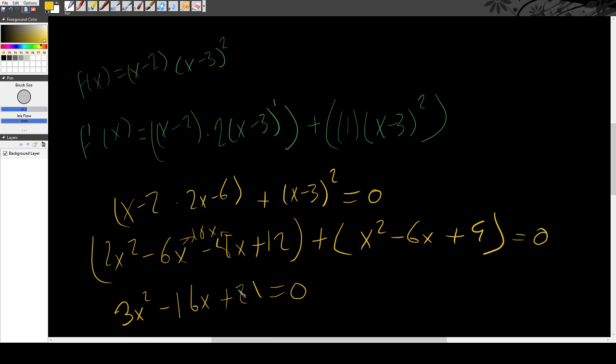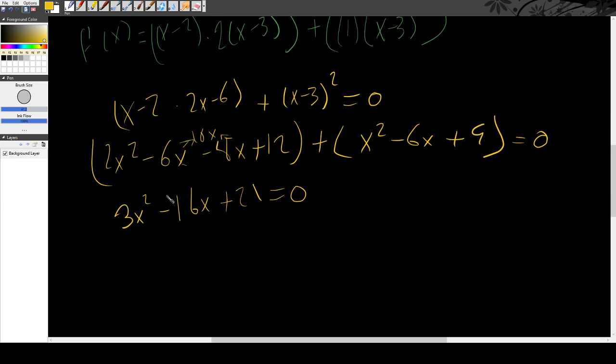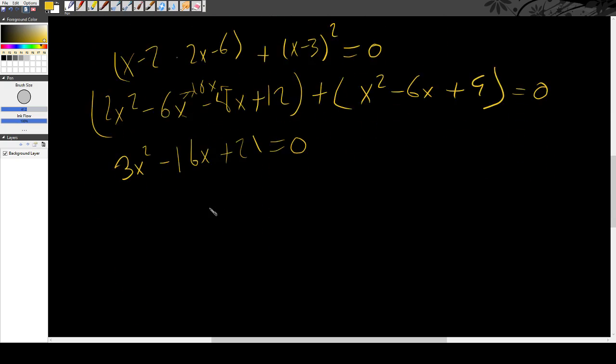Now, the way I would normally solve this is, hey, look, we combined these two things, did all this work, and now we're left with this basically low tier polynomial, or quadratic or whatever it's called.